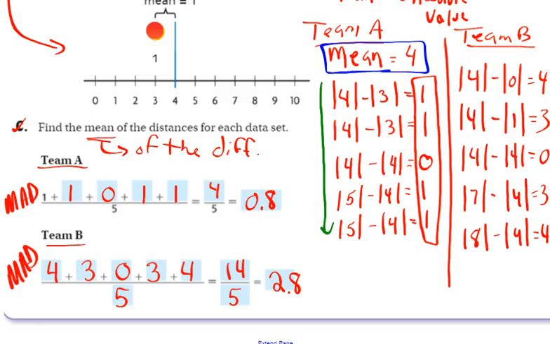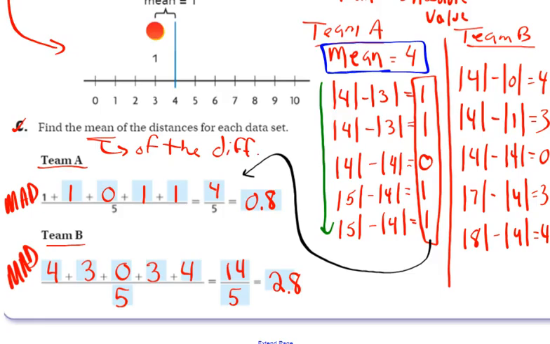So we found the mean, then we used the absolute value to subtract and find the difference, and then I had to use those differences and find a new mean. So the mean of the differences, which is what we did there. It's really a 3-step process. Find your mean, find your differences, find your new mean. That's the process we're going to work through when we get to this next example.